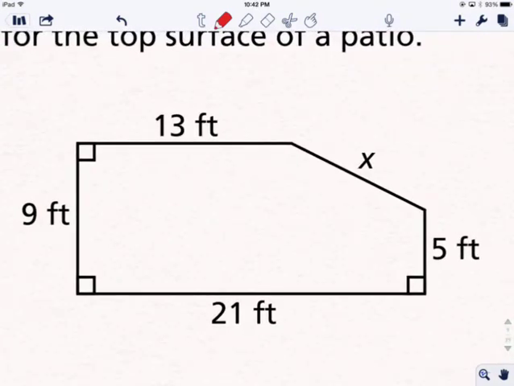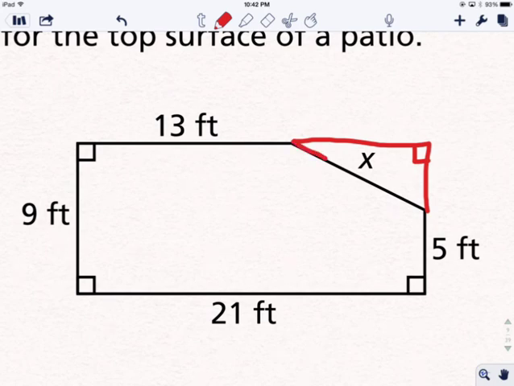Well, just looking at this shape, I hope that you can see a triangle. Do you see a triangle in here that might help us figure out what x is? Here's a triangle that I see at least. So we know that the hypotenuse of that triangle is x.